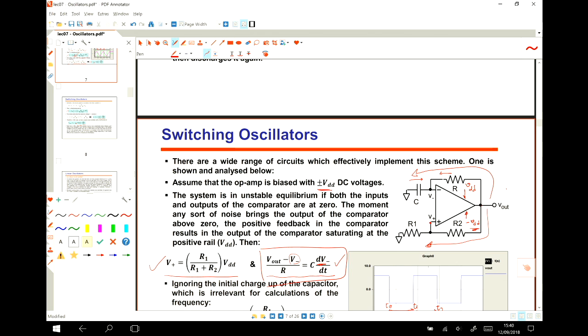Well, what do we call this kind of circuit? I don't know that you had it in your electronics or not, because if we had it, it's astable. Yeah, it's an astable multivibrator that we usually make with a 555, but we can make it with the op amp as well.